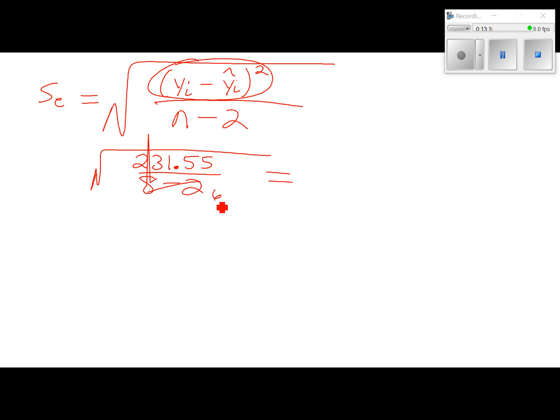And you can grab your calculator and just hit second square root 231 divided by 6. Some of you will have to close your parentheses or put parentheses around it maybe to make sure you're getting the right answer. You might want to check yours with what I'm getting ready to tell you the answer to this is, just to make sure. And it came out to be 6.21.